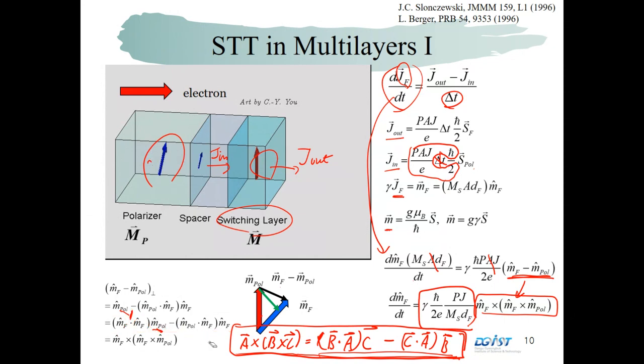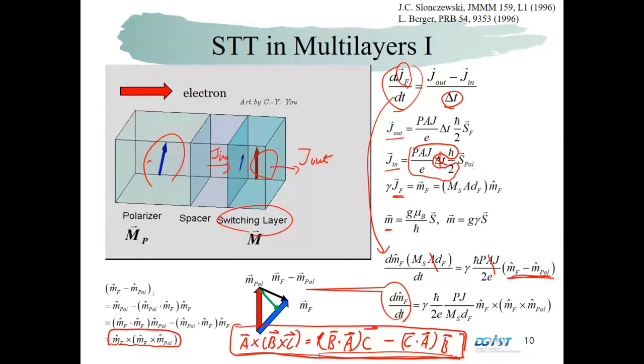With this rule, we can obtain this result, and this one is nothing else but here. So now we have a torque acting on the free layer by this conduction electron or conduction spins, and that torque can be represented in this form.